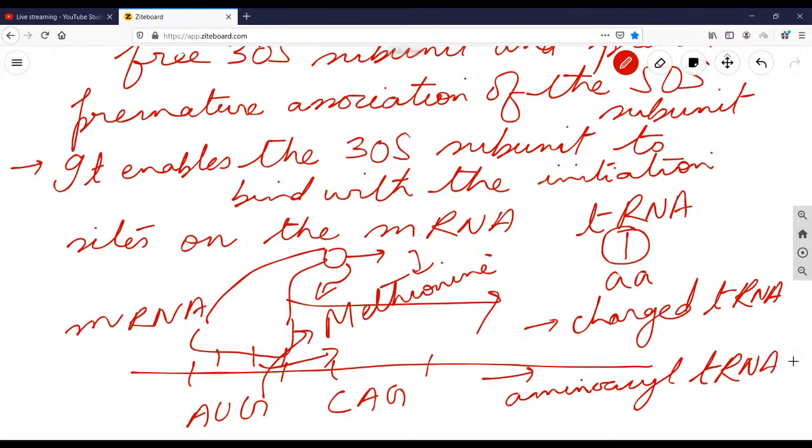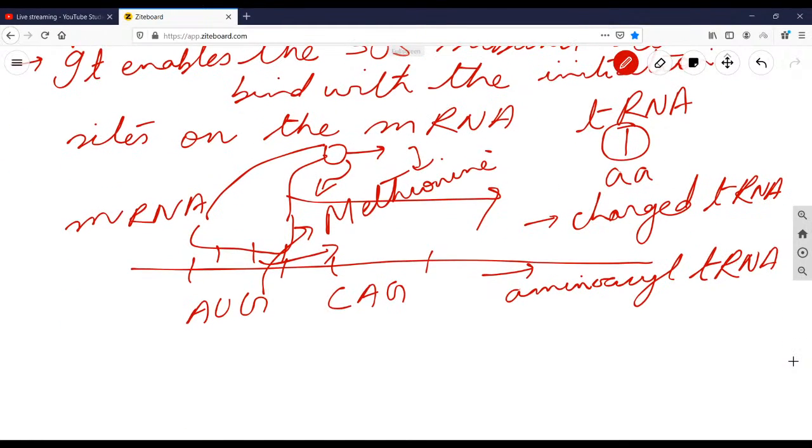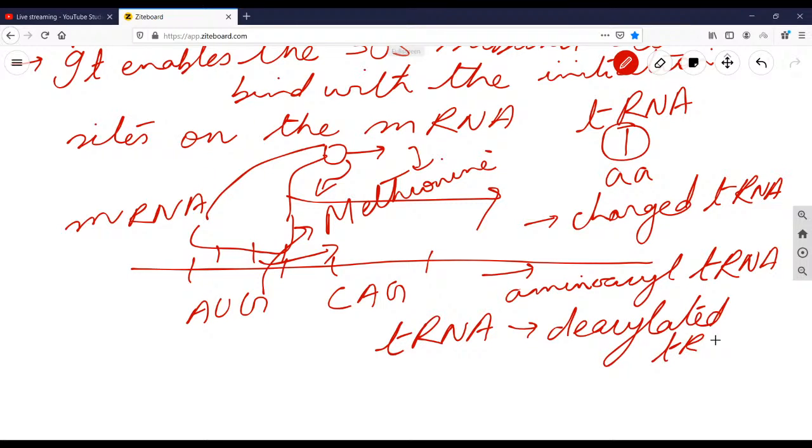Amino acyl tRNA means that tRNA has been associated with its cognate or specific amino acid. And when it is dissociated from the amino acid, when the amino acid has been transferred to the ribosome, then that tRNA is without the amino acid. Then it is known as deacylated tRNA, just opposite of amino acylated, or I can call it an uncharged tRNA.